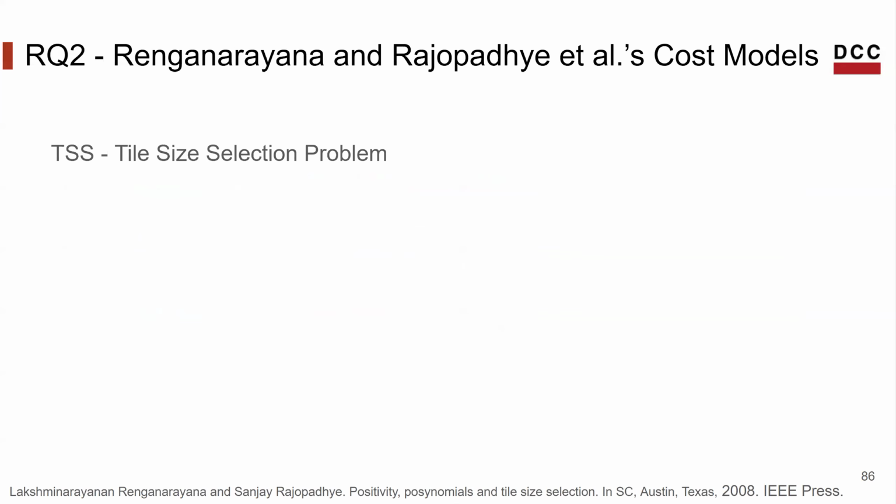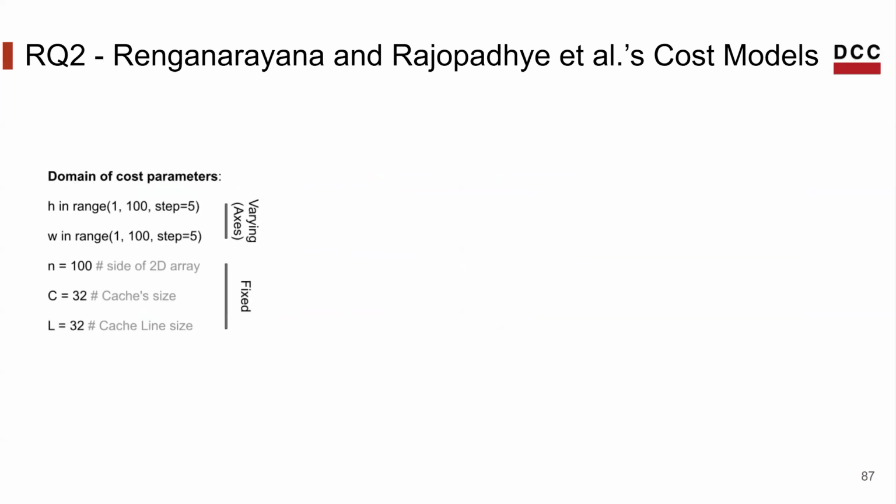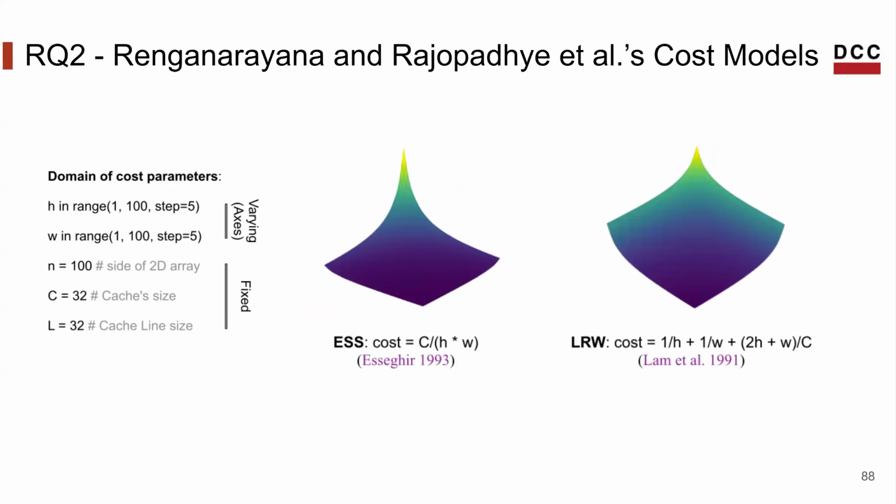Hajinazar et al. show that models used to solve the tile size selection problem are represented by equations whose coefficients and domains are all positive quantities. These equations all represent instances of the bidimensional tile size selection problem. For representing this model, I consider these parameter values. For example, I present two of these equations.